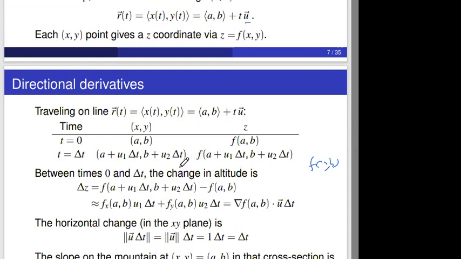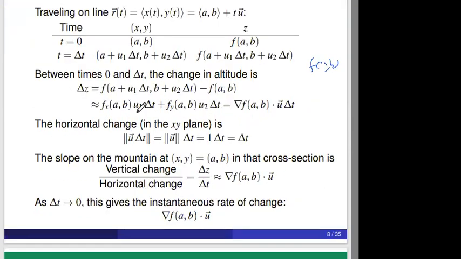And you can use Taylor expansion. This is the Taylor expansion for higher dimensions. You don't need to prove this. You can ignore higher order terms of the Taylor expansion.